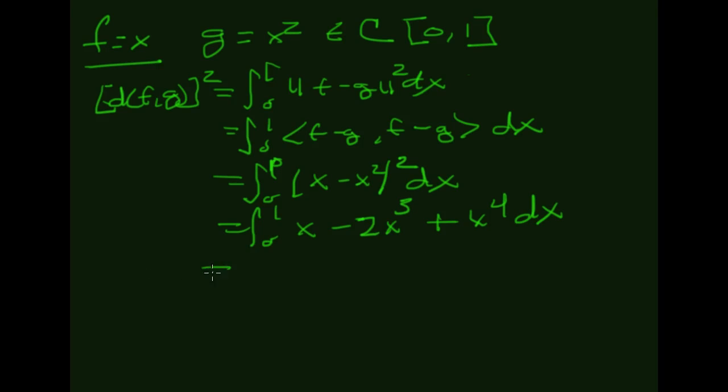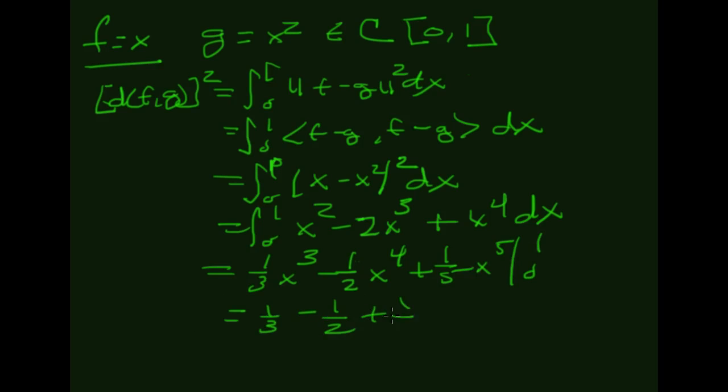Okay, so take the integral, 1/3 x cubed minus 1/2 x to the 4th plus 1/5 x to the 5th from 0 to 1. So that's 1/3 minus 1/2 plus 1/5, which I think works out to be 1/30th.